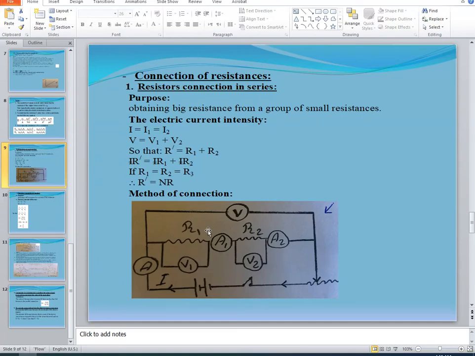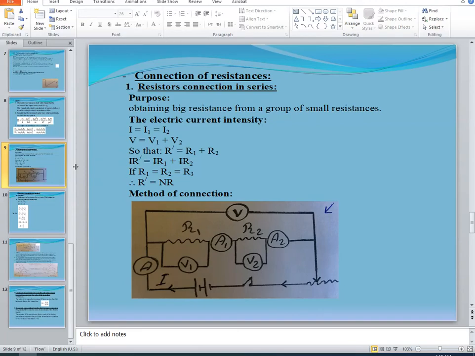You studied this point before, but we will study it together now in detail. How can we connect the resistors, or the ohmic resistances? By two ways. We have the first way, which is called series connection, and the second way, which is called parallel connection. We will study these two in detail.